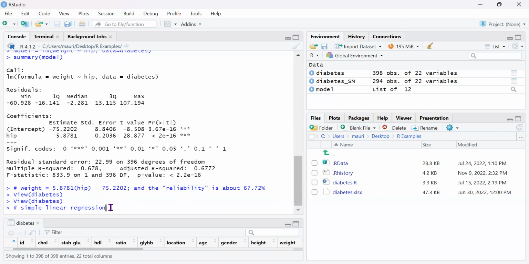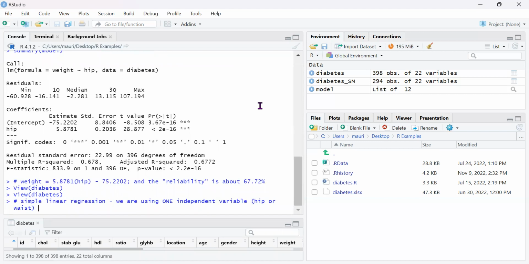We are using one independent variable, such as the hip or waist, to construct or predict one dependent variable, which in our case is the weight.